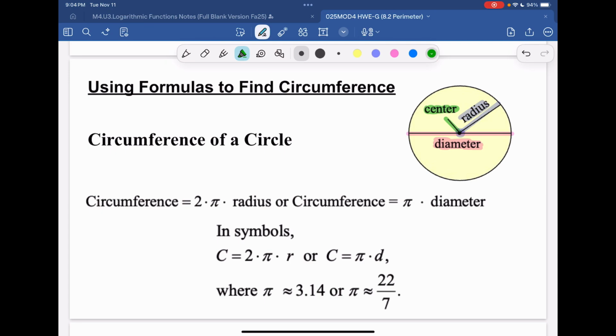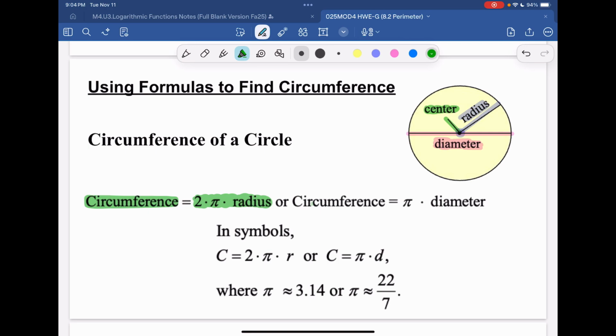So to find the circumference of a circle, we have a couple of formulas. The circumference of a circle can be found by taking 2 times pi times the radius.